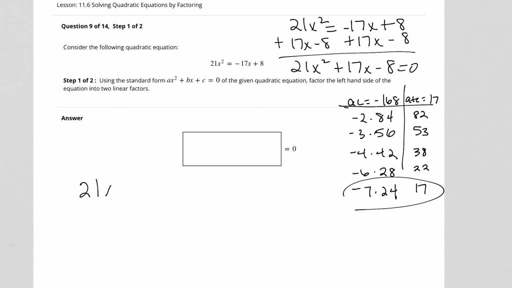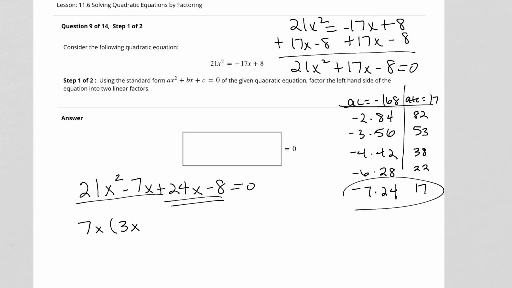I'm going to have 21x squared minus 7x plus 24x minus 8 equals 0. Looking for the greatest common factor between the first two and the last two. Greatest common factor between the first two is going to be 7x, which is going to leave me with 3x minus 1.